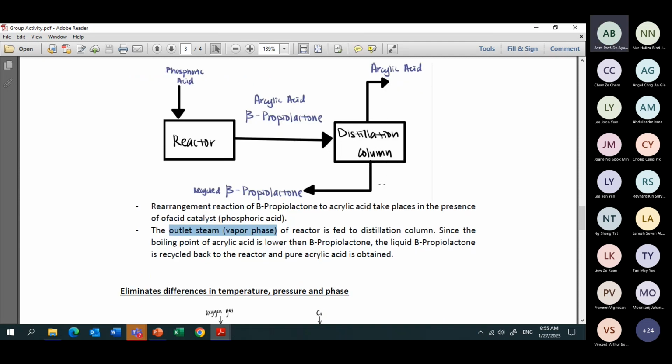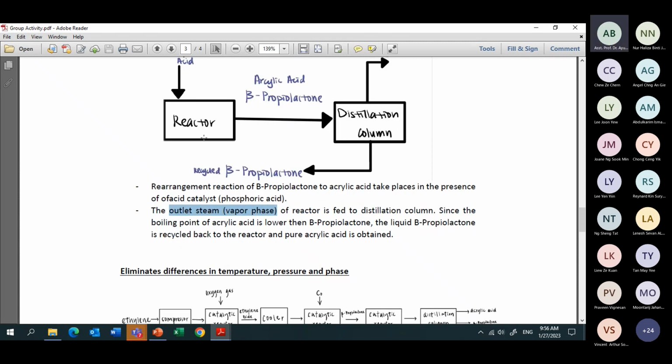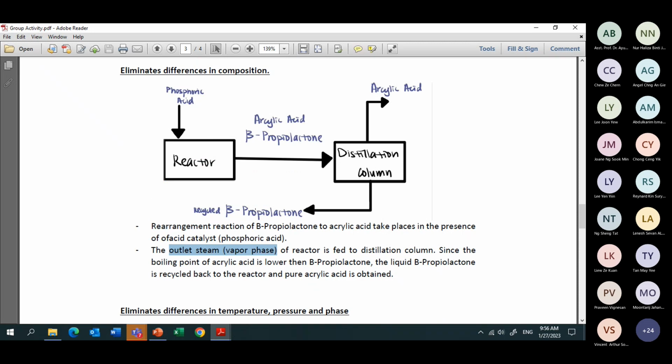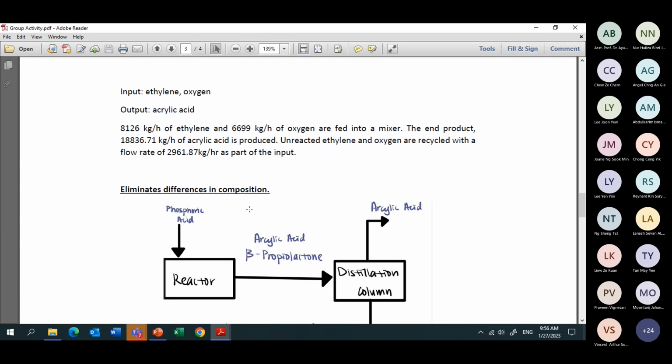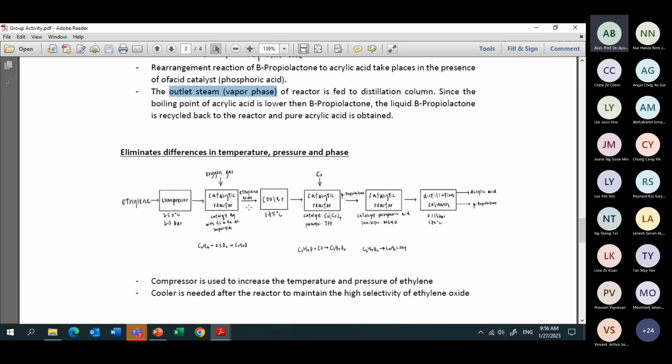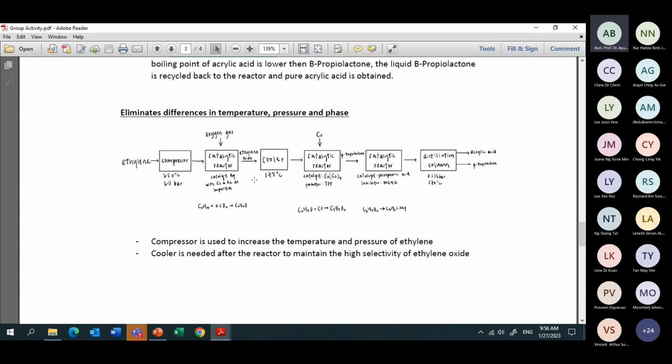Okay, so you separate the product and byproduct using the distillation column, then recycle this to the reactor. Recycle to the reactor, is it? Or recycle to where? Recycle to the reactor bed. Okay. Now eliminate differences in T, P and phase.